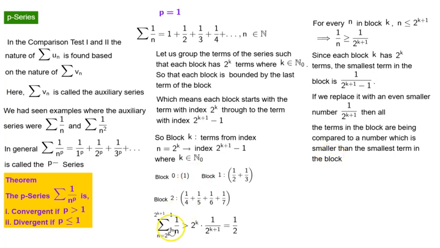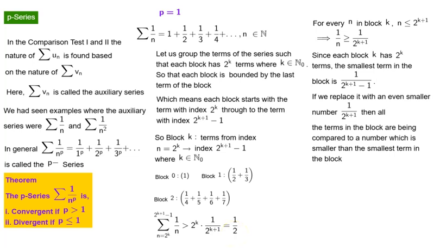So, which means the sum of the terms in a block is greater than 2 to the power of k times 1 by 2 to the power of k plus 1, which is equal to 1 by 2. Now, if we simplify this by taking 2 to the power of k down, we will end up with 1 by 2.